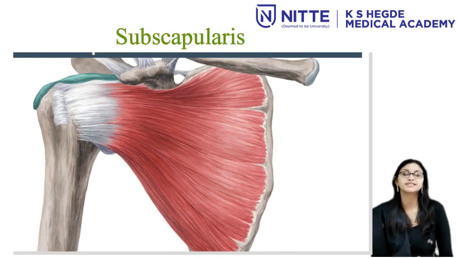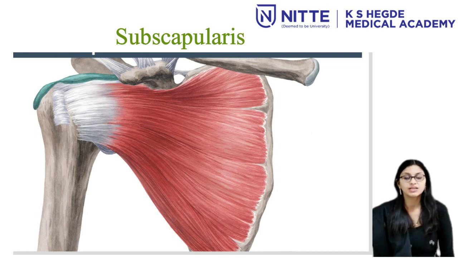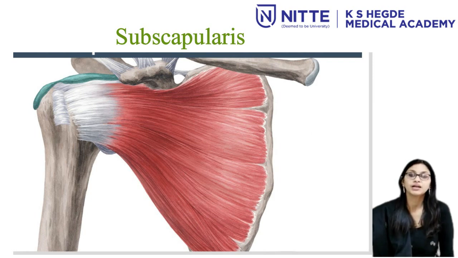Now about the subscapularis muscle. This muscle is a large triangular muscle which fills up the subscapular fossa of the scapula. This subscapular fossa is nothing but the costal surface or anterior surface of the scapula.